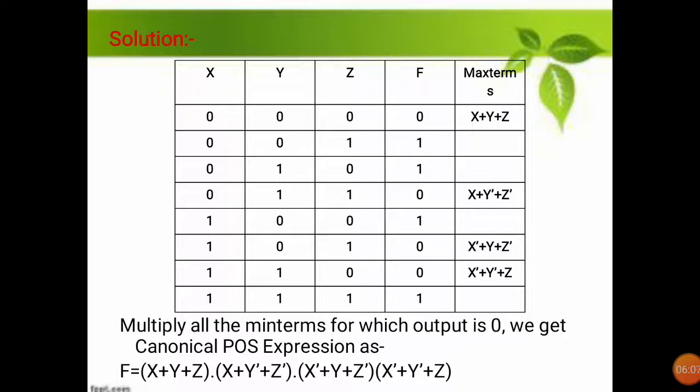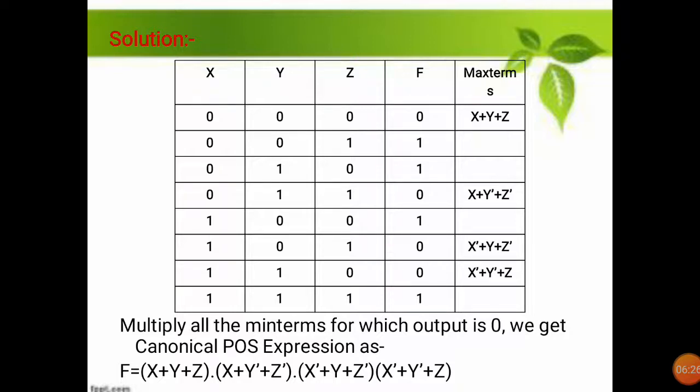In the first row, I have written max term x plus y plus z because x is 0, so I have written the original form. In SOP we take the complement for 0, but here for 1 we take the complement variable.